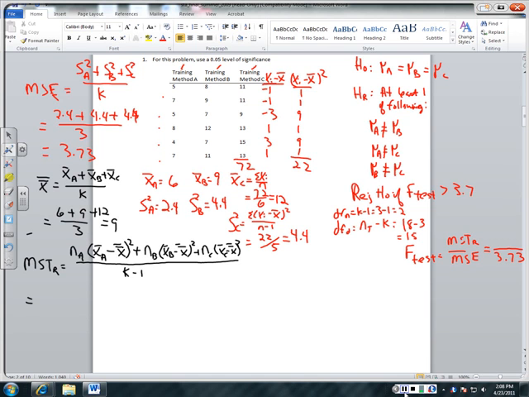And so that's going to equal the size of the first group, 6, times 6 minus 9 squared, plus 6 times 9 minus 9 squared, plus 6 times 12 minus 9 squared. And all that's going to be divided by 2. Let's see, that ought to be, I'm going to say 54, that's right.